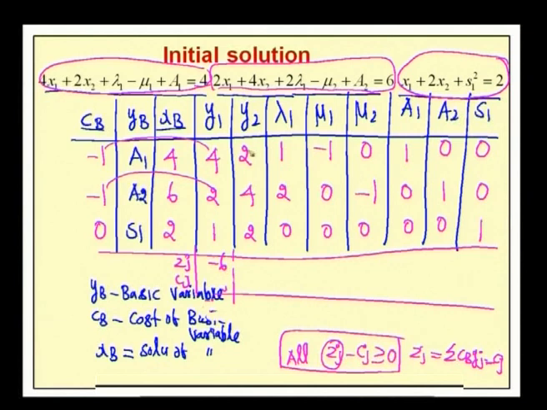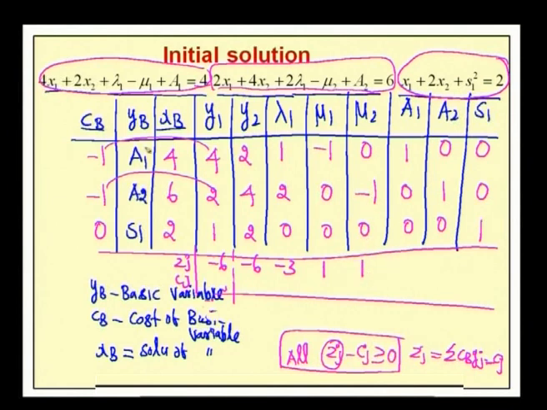In the same way, for y2 my Zj value is -1 into 2 plus -1 into 4, which is also -6. Then for lambda 1, -1 into 1 plus -1 into 2, which gives us -3. Then for mu 1, -1 into -1 which is +1. Then for mu 2, -1 into 0 plus -1 into -1, which gives us 1.